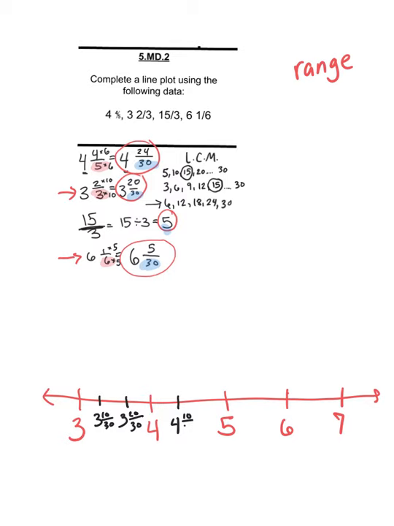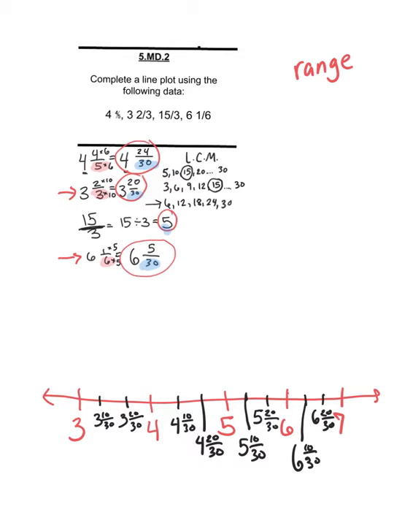4 and 10 out of 30, 4 and 20 out of 30, 5. 5 and 10 out of 30, 5 and 20 out of 30, 6. 6 and 10 out of 30, 6 and 20 out of 30.